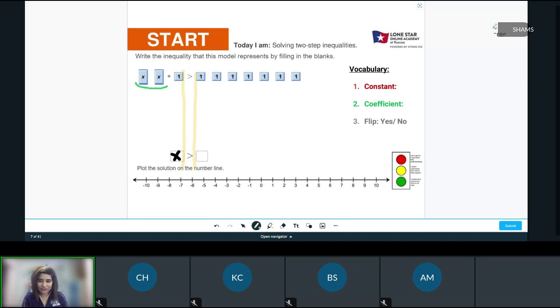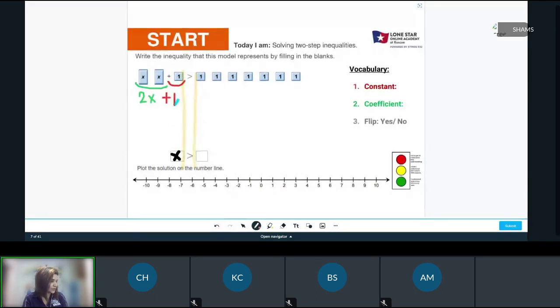How will we write the inequality for this model? How many x do you see? Here we see, okay, Ronan, Aurora, Zainab, I agree, it is 2x. And then after 2x, what do you see? There's also some 1s. You see just a 1, so it is a plus 1.